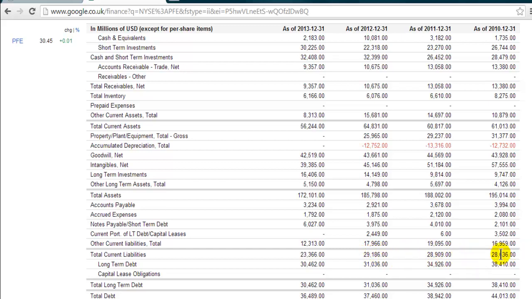Here in 2013, the current liability went down. This is very good news. So they are controlling their debt. Not only that, they have a sufficient current asset to match almost three times their current liability. This company, Pfizer, has passed the Google Finance Asset test.